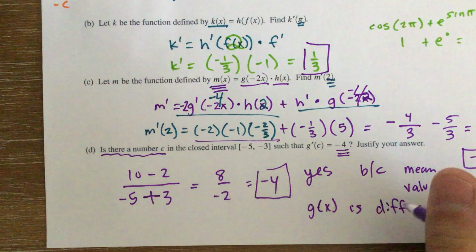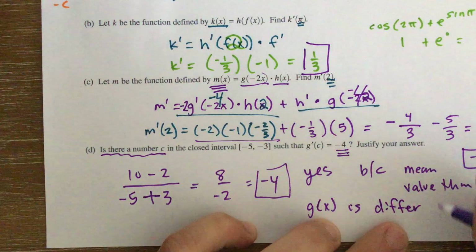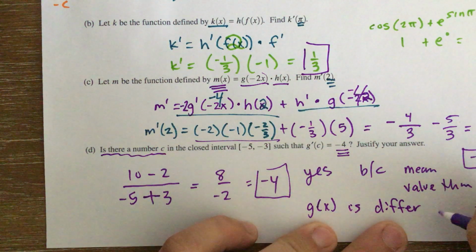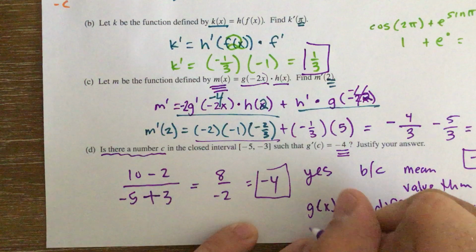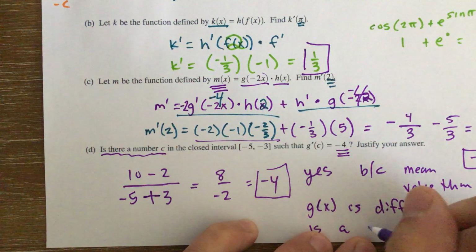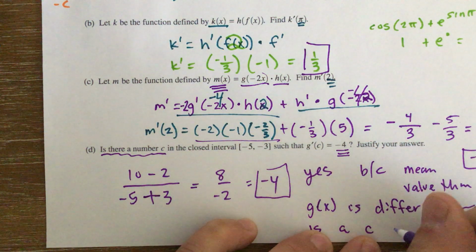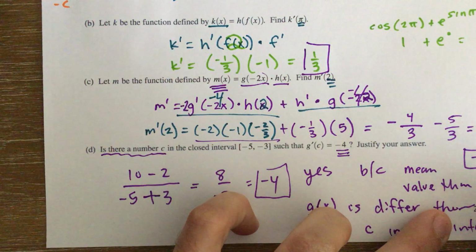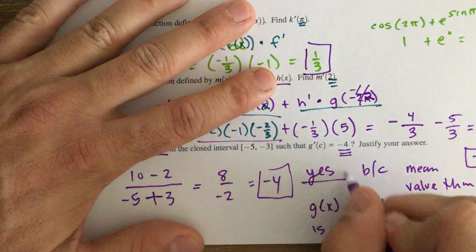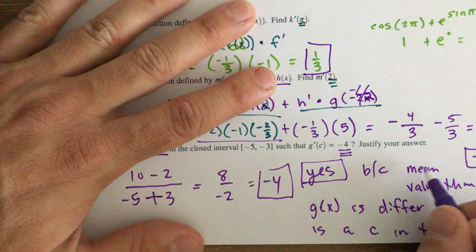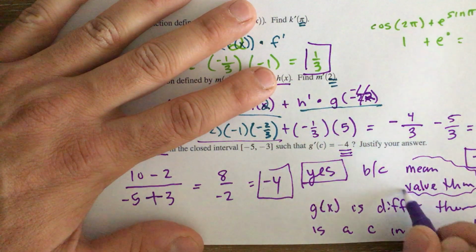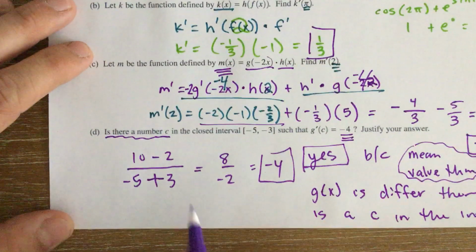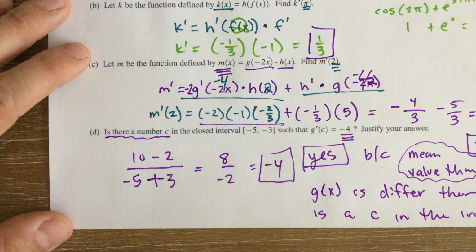We have to mention that we could talk about slopes there. There is a C in the interval. Okay, I'm going to box up yes and mean value theorem. Mean value theorem, differentiable. I think that would be sufficient since I did show this work over here as well.